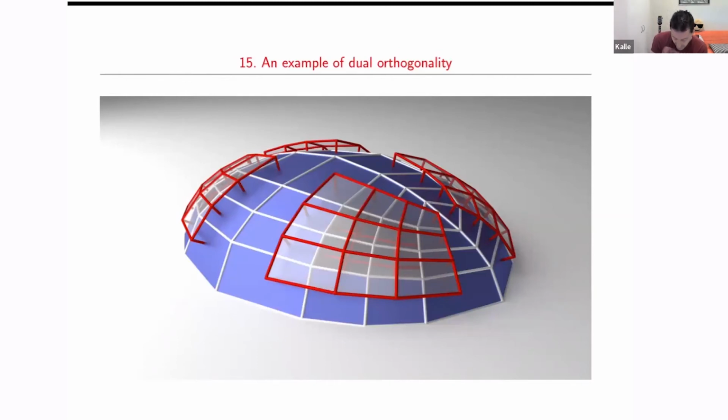And each edge here, this one for instance, is orthogonal to this edge here. This edge is orthogonal to this edge. And this edge, for instance, here, is orthogonal to all the other dual edges. So this one, this one, this one, and this one, which means that, of course, this quadrilateral is planar, right? So all those quadrilaterals that you see are planar.